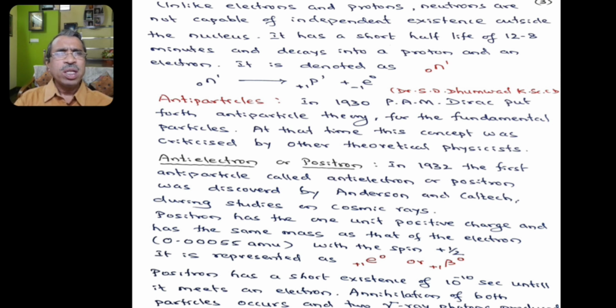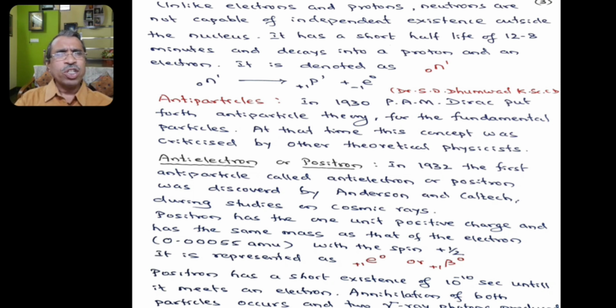The positron has one unit positive charge and has the same mass as that of the electron, that is 0.00055 AMU, with spin plus half. It is represented as e with plus 1 charge and mass 0, or beta with plus 1 charge and mass 0.